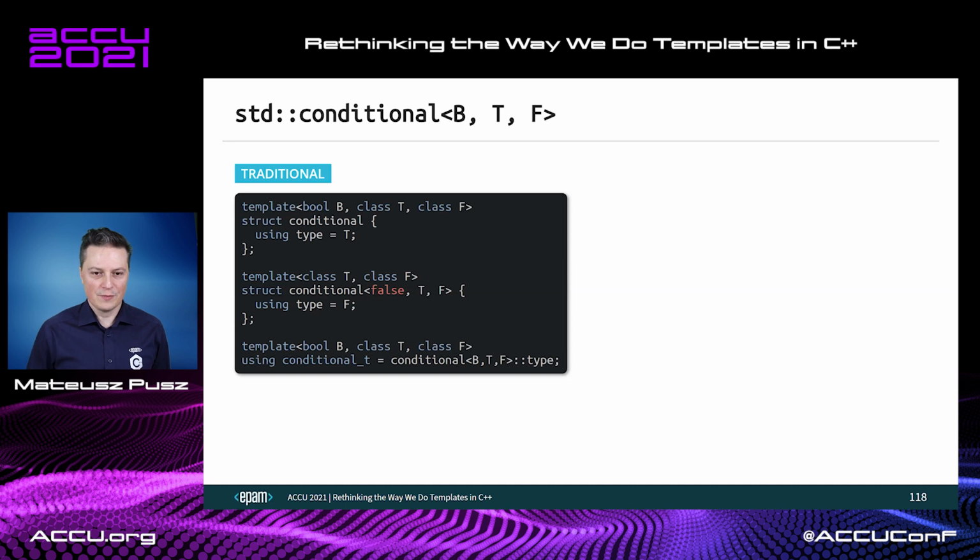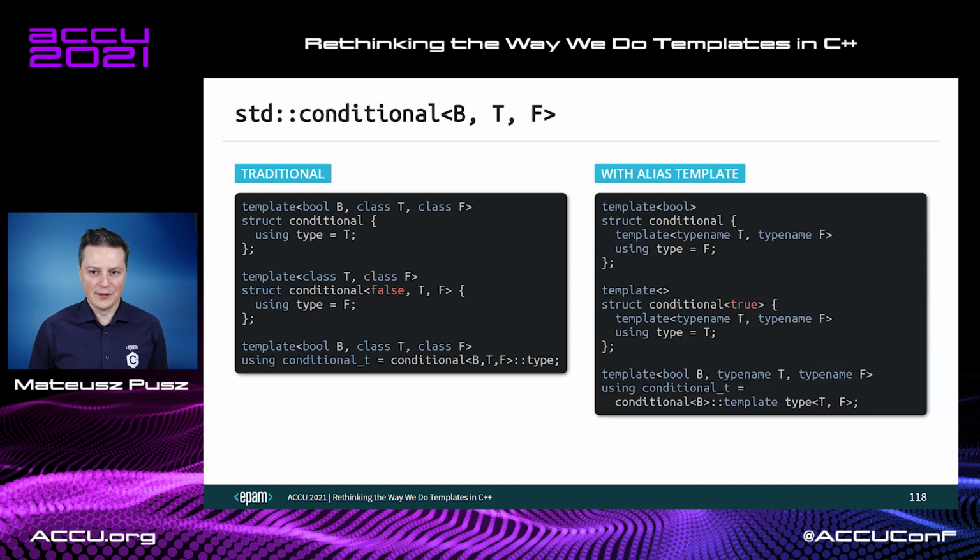With the information gathered by Chiel, we can re-implement this in this way, saying that conditional is a class template, but only of type bool here. And it always points to false. And we have one specialization of it for true that returns true. And then this alias conditional_t works a bit differently.